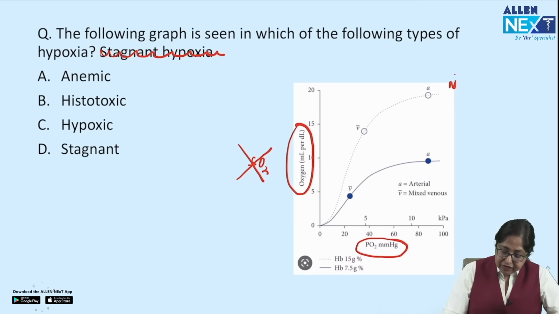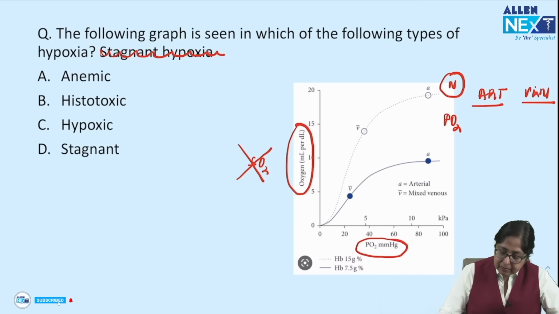So now, this is a normal graph here, yes? Normally, PO2 in the arterial blood is 95, and venous blood is 40 millimeters of mercury. Arterial saturation is 97 to 98%.